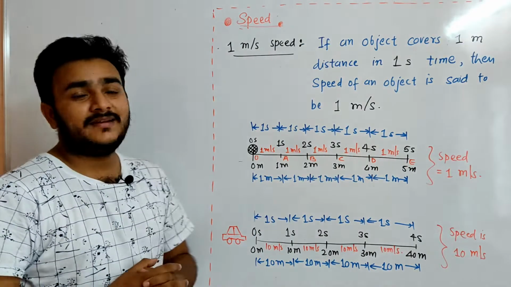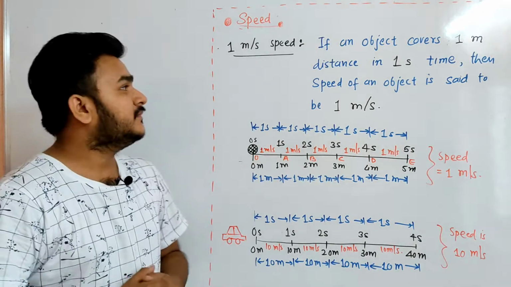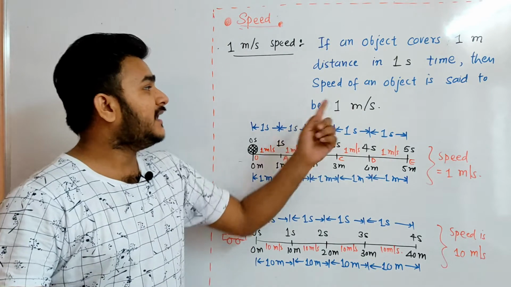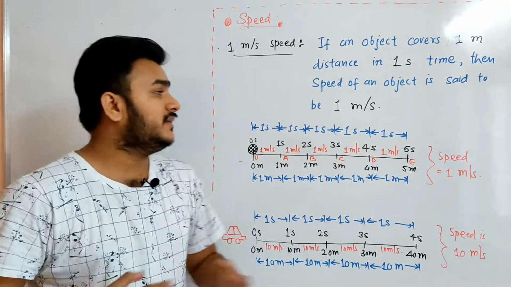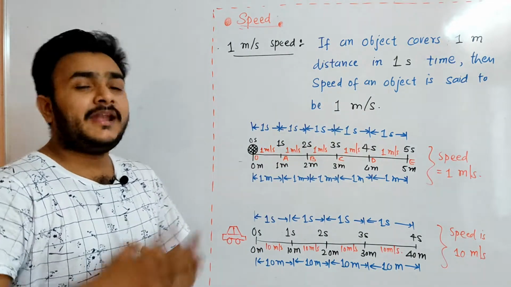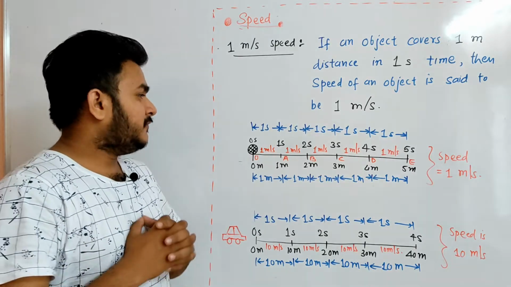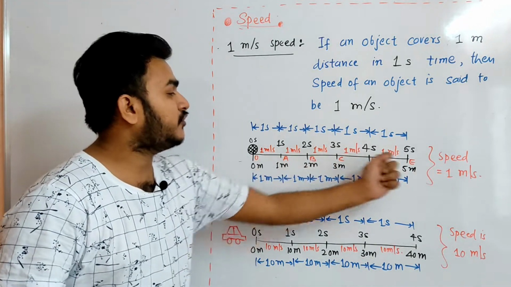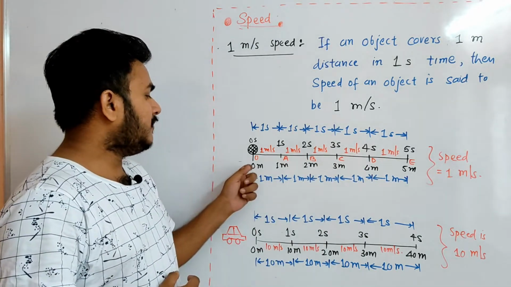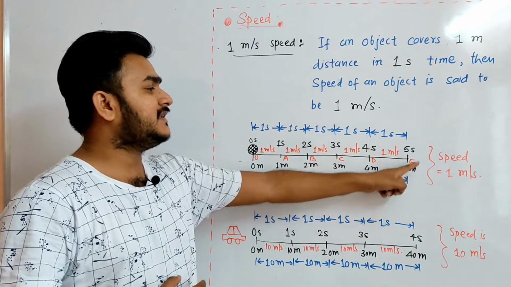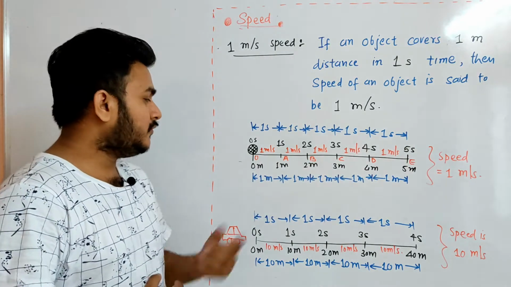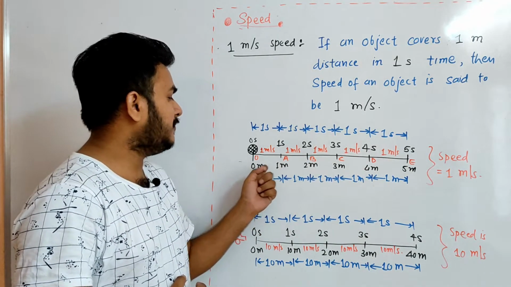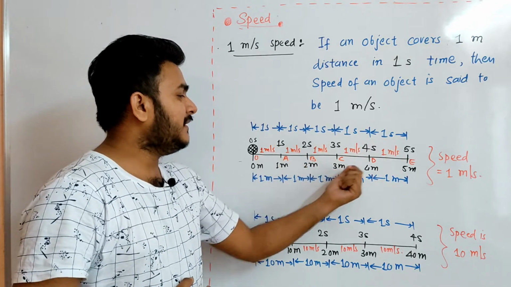Let us understand what 1 meter per second speed is. If an object covers 1 meter distance in 1 second time, then the speed of the object is said to be 1 meter per second. To understand 1 meter per second speed, let us take the example of a ball rolling on a straight line. The ball covers a total of 5 meter distance in 5 seconds. Here I have marked section-wise distance: 0 meter, 1 meter, 2 meter, 3 meter, 4 meter.